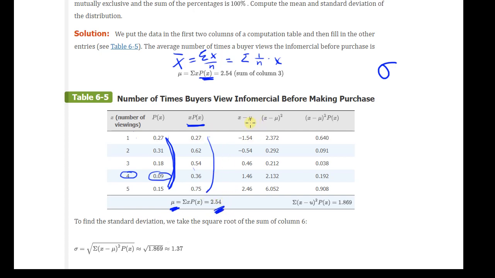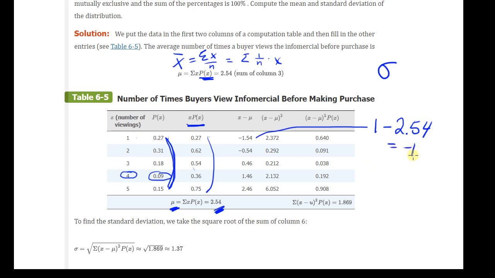So then once you have the population mean, you need to do the same thing where you basically find the difference between the observation and the population mean. So this number here, negative 1.54, is 1 minus the population mean, 2.54.